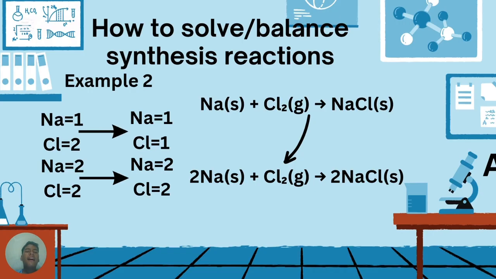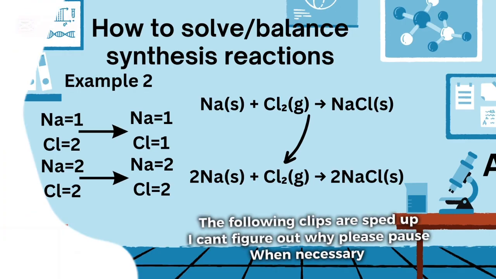But then we also have to add a 2 on sodium on the left side, because then we need to make it equal. So 2 sodium on the left side means 2 sodium on the right side, and we have the final answer right over here.